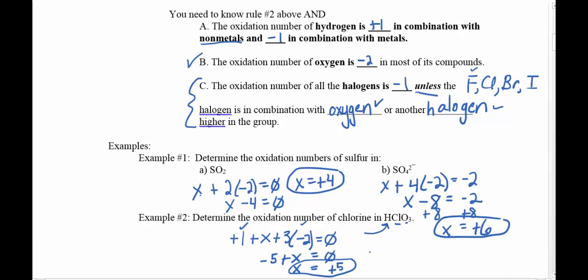And the reason that we're wanting to determine these oxidation numbers is because we can look to see if the oxidation number is changing in a reaction for even one element. Okay, if you can see that it changes for even one element, you can tell that it's a redox reaction, or an oxidation reduction reaction.